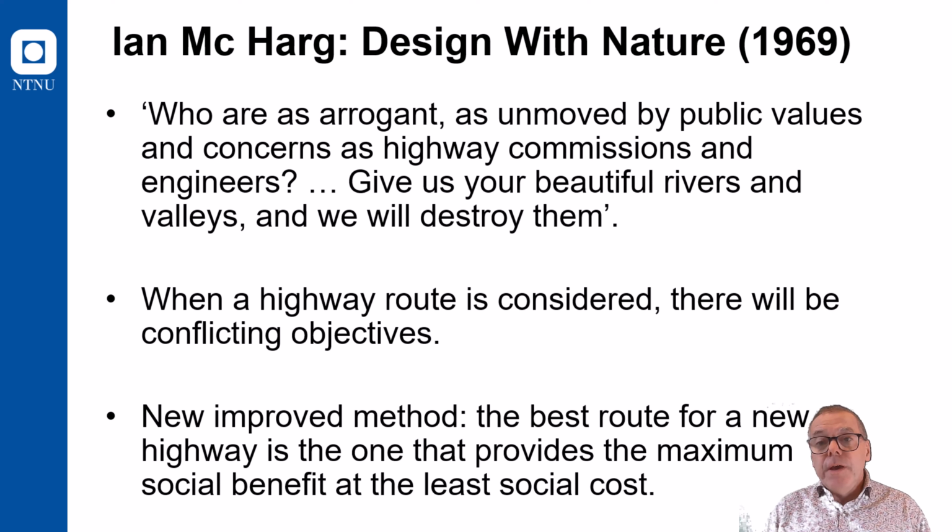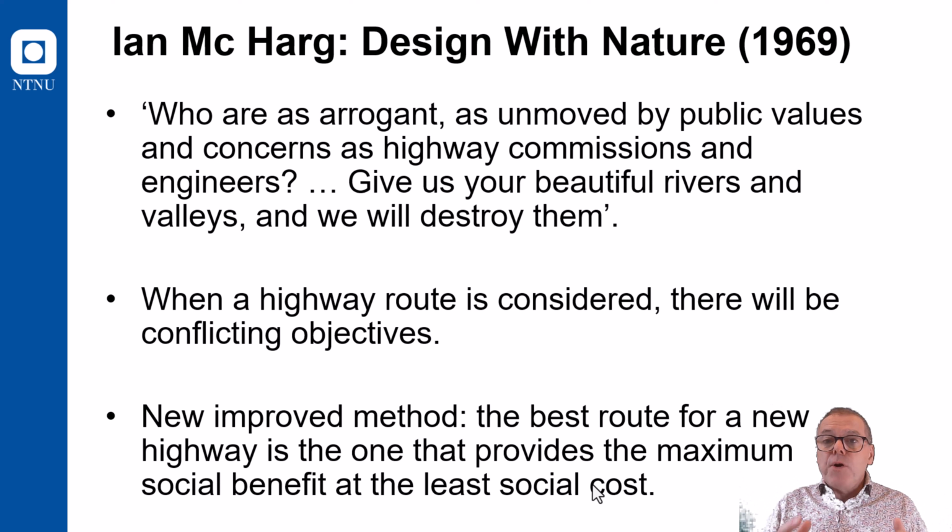And in this book he is extremely critical of highway commissioners and engineers. Ian McHarg meant that these were really destroying beautiful rivers and valleys by designing a highway without any concern about the environment they were put in.